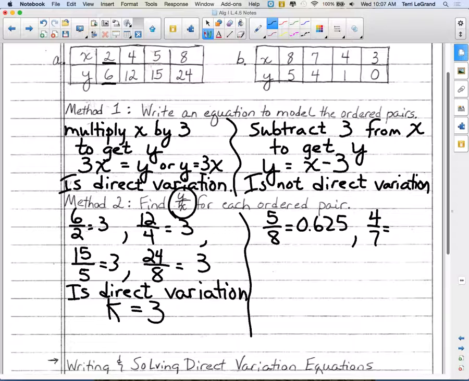Probably not a nice decimal, is it? I guess they did a good job in 2016 of making you work with that one. Let's round this to the nearest hundredth if you have to. Does this one ever stop?